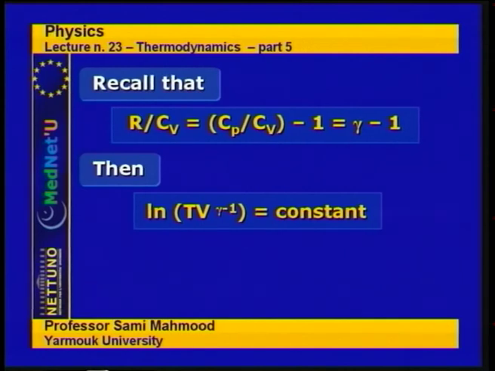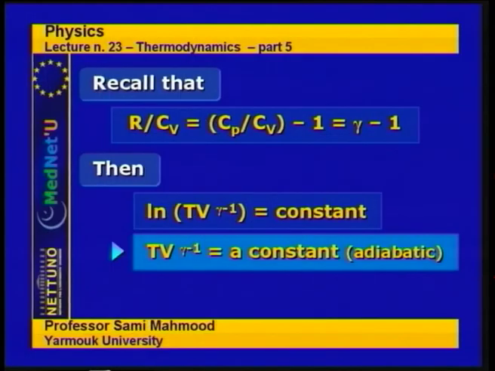So gamma minus 1 times ln V is simply ln V to the power gamma minus 1, and we combine this ln T plus ln V to the power gamma minus 1, we get the result ln of T times V to the power gamma minus 1, and that is equal to a constant. This is the result of integrating that equation.